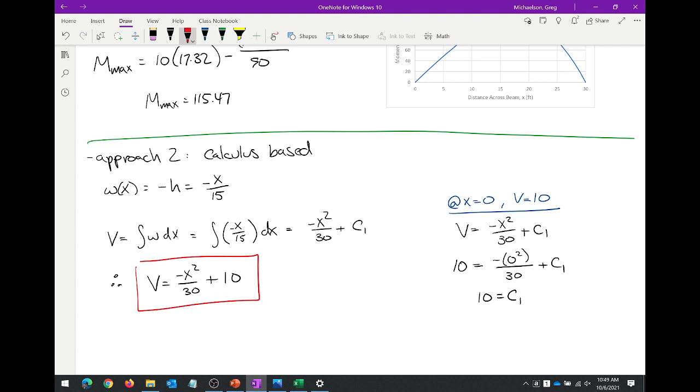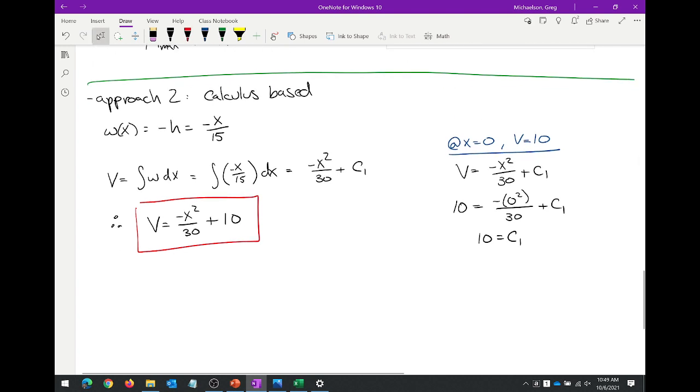And then, if we keep on going, moment is the integral of shear, which is the integral of this. I'm going to rewrite it. 10 minus x squared over 30 dx, which is the integral of 10 is 10x minus 1 over 30 times the integral of x squared. What's the integral of x squared? It's x cubed over 3, right?